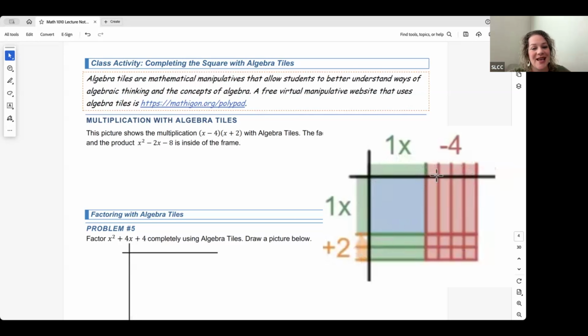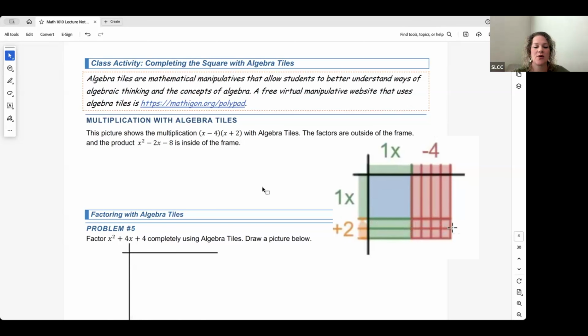So x times x equals x squared. So the blue square would be x squared. And then negative 4 times x would be negative 4x. And then x times 2 would be 2x. And then these would be 2 times negative 4, which would be negative 8.